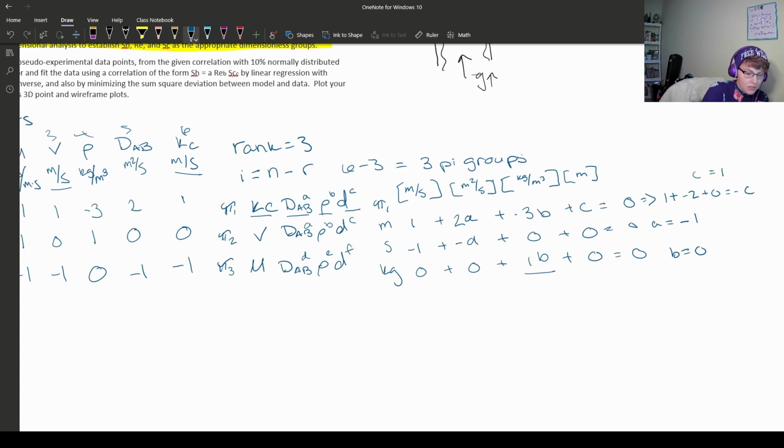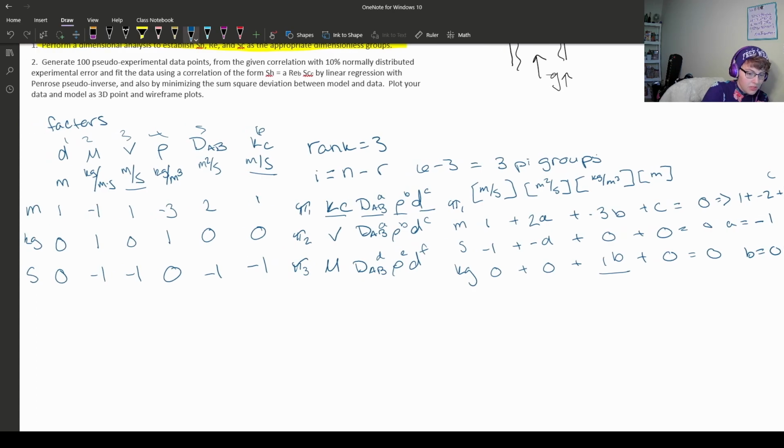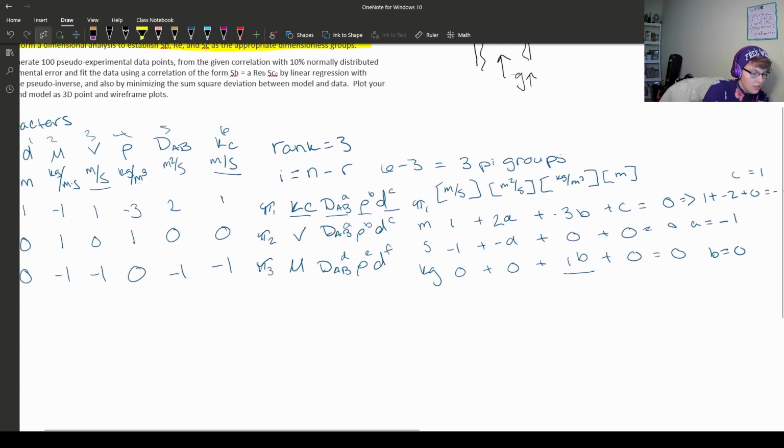Now that we have each of those exponents identified, we can write out what our dimensionless groups will be. So for pi 1 and pi 2, for pi 1, we have Kc, and then since the exponent for A is -1, our diffusion coefficient will go on the bottom.